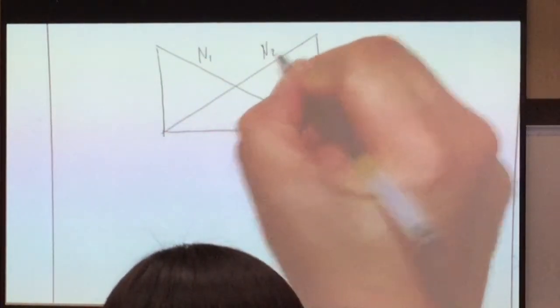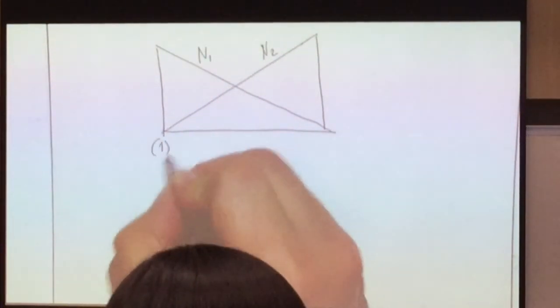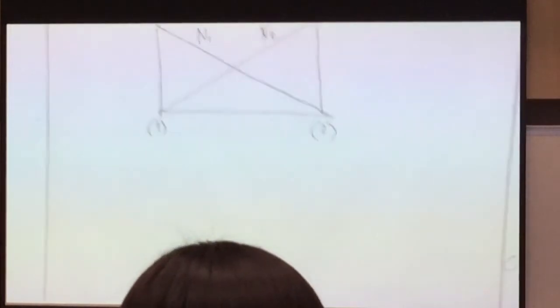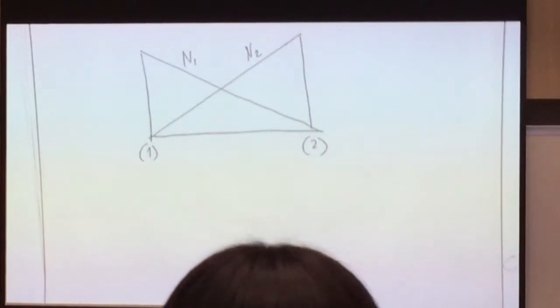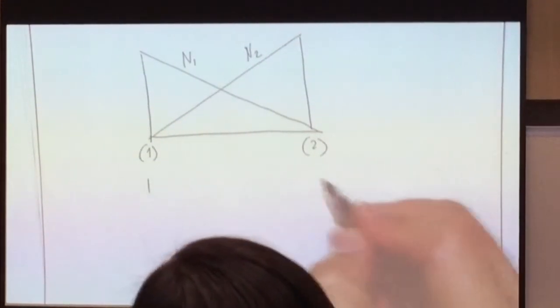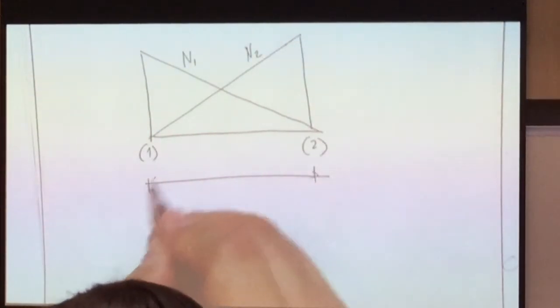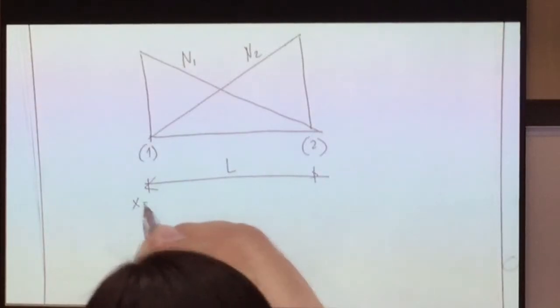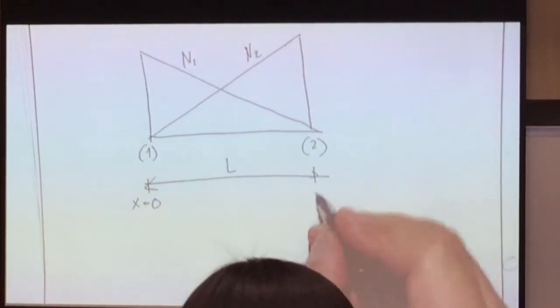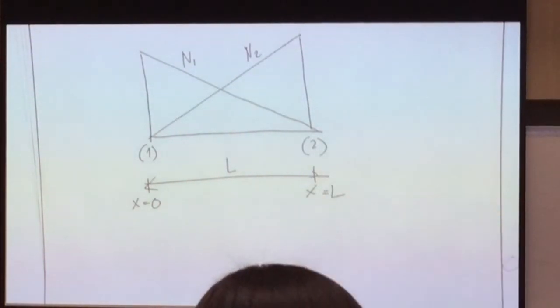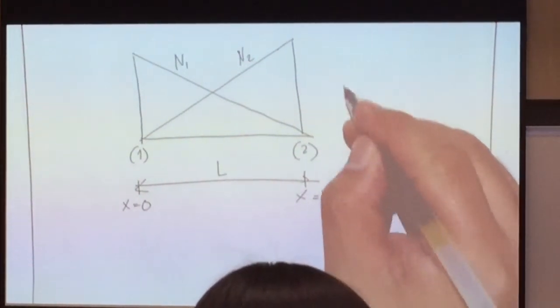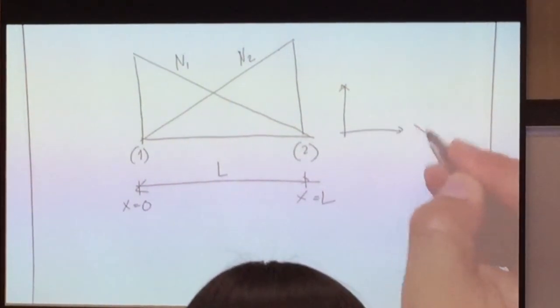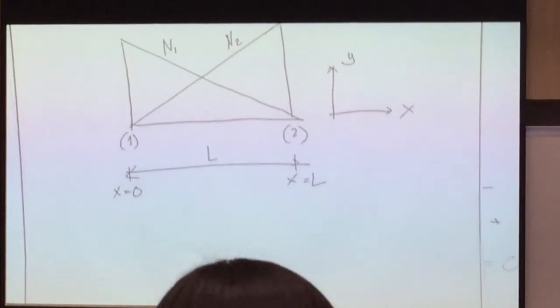Previously, x can be 0 here, and x can be L here, assuming that we have an x and a y.